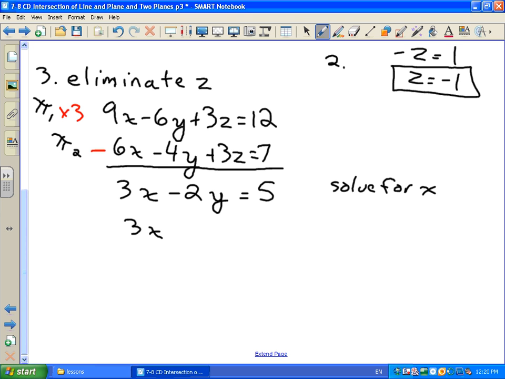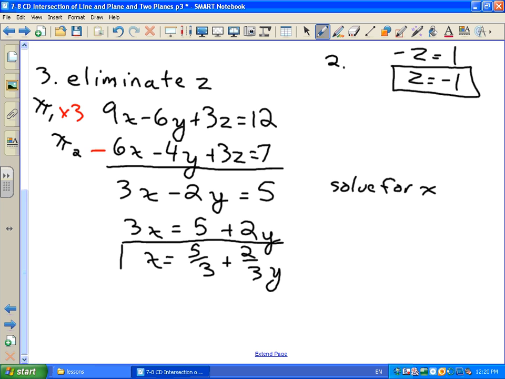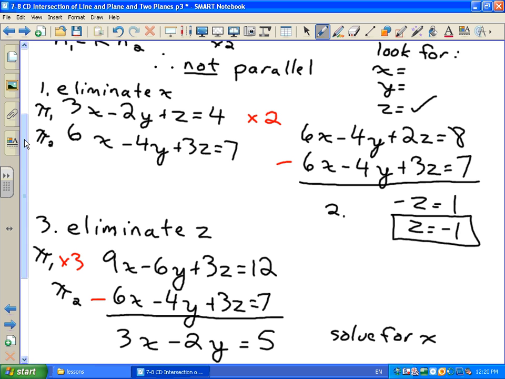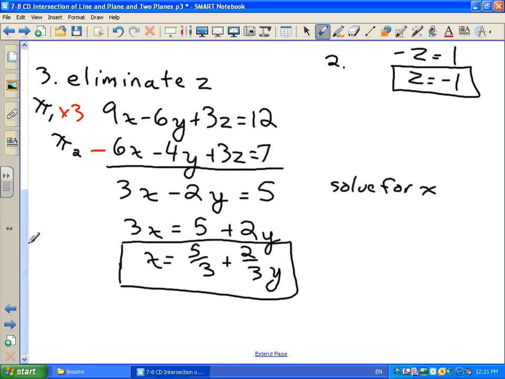We get 3x equals 5 plus 2y, or x equals 5 over 3 plus 2 over 3 times y. And that is our x equation. So we've got an equation for z and an equation for x.